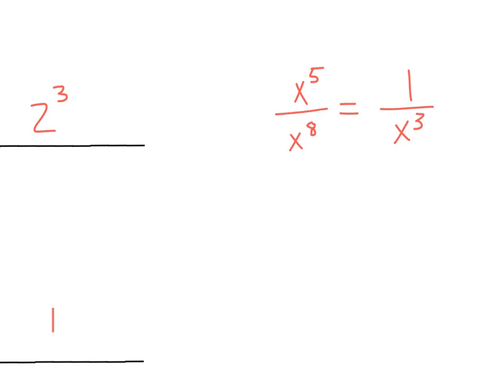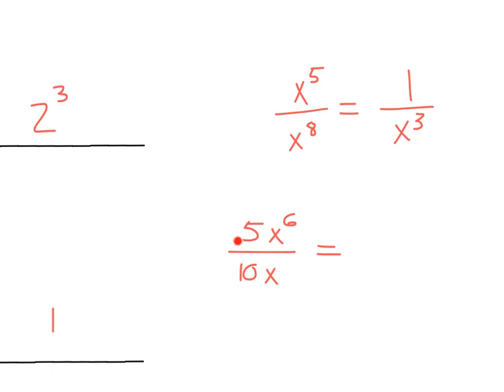Again, I want to throw in a problem where you have some coefficients. So say that I have 5x to the 6th over 10x. Okay? So remember coefficients, those big numbers that do not have exponents on them. In this case, we're looking at 5 and 10. We do what we see.